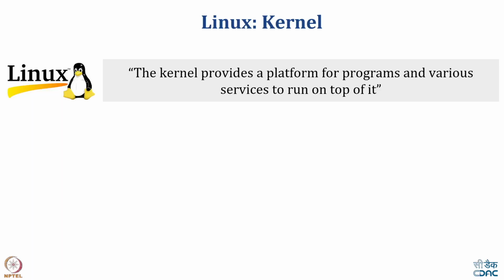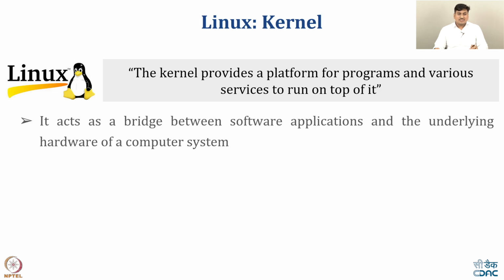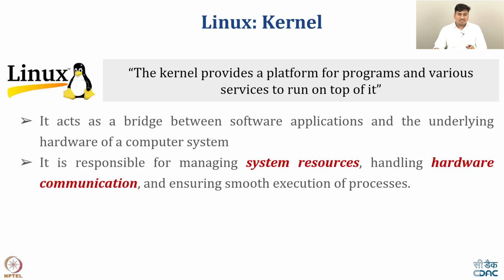What is basically a kernel? Kernel provides a platform for programs and various services to run on top of it. It means that the kernel is the intermediate thing between the application and the hardware. So, it acts as a bridge between the software application and the underlying hardware of the system.